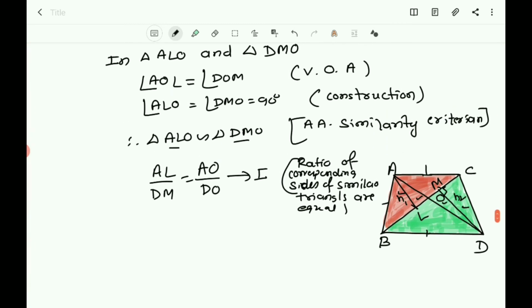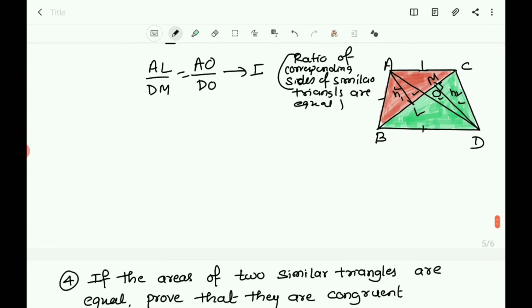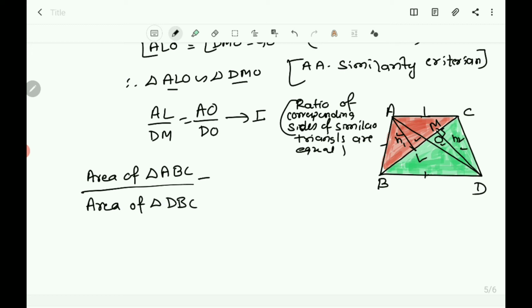And now you take the area here, that is area of triangle ABC by area of triangle DBC. You know the formula is half into B into H. So let us take H1 here and half into B is the same, so you write B only, H2.